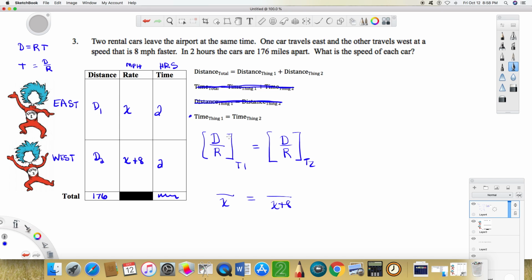But we can't say very much about this distance, other than, yeah, this is some distance d1, and you could say that 176 is the total, and if you take away the distance that d1 traveled, then that is d2, because d1 plus d2 is 176.